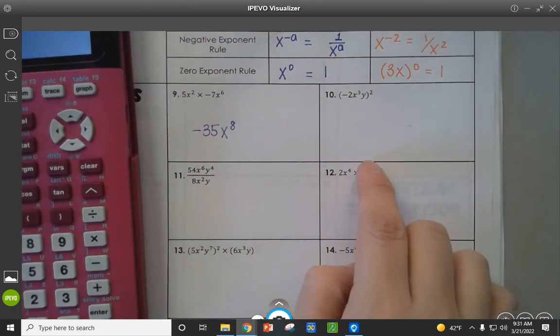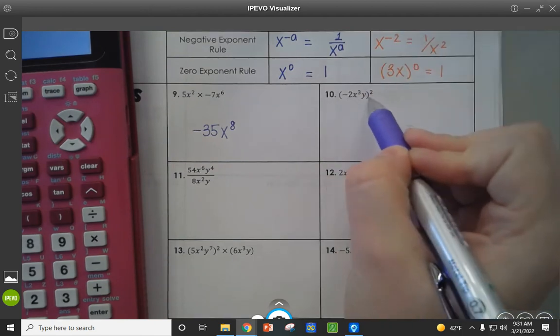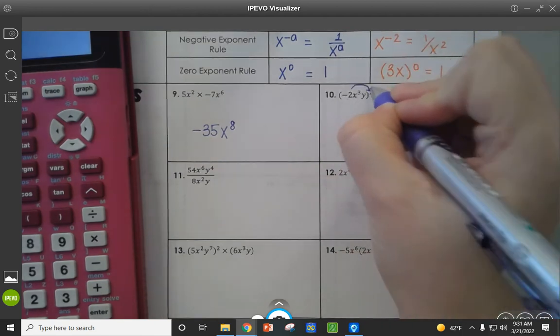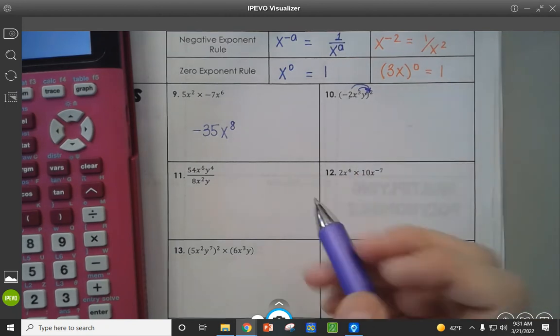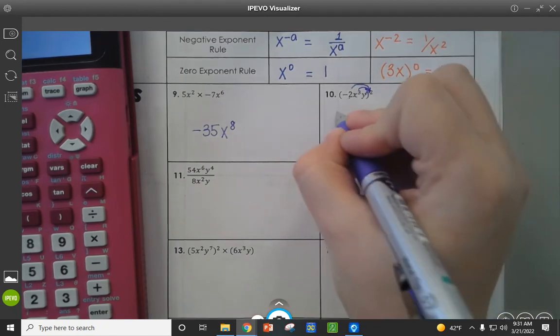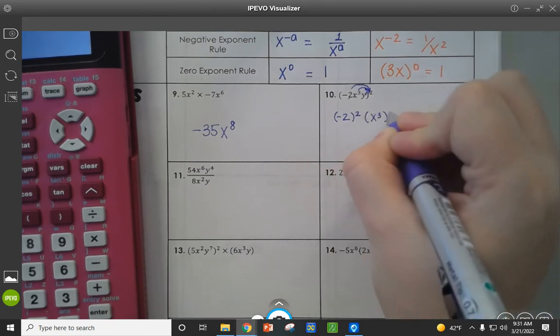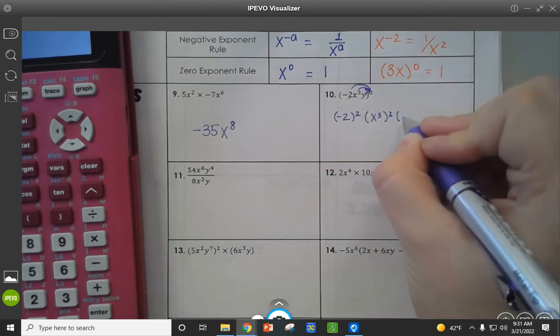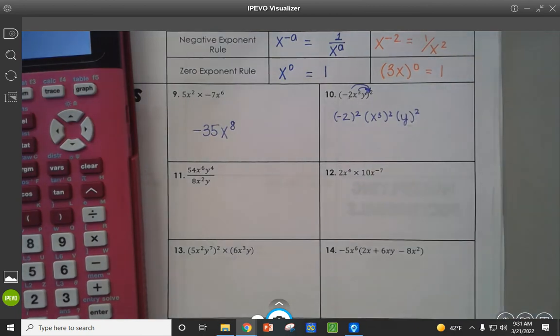Number 10. So we have this monomial and we're squaring everything. So what is negative 2 squared? You should put the negative 2 in parentheses.